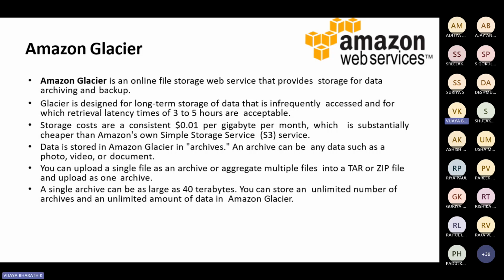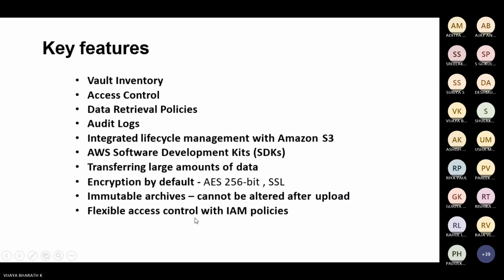Data is stored in Glacier in terms of archives. As I told you, an archive can have any data like photos, videos, and documents. You can upload multiple files as a zip. A single archive can be as large as 40 terabytes, and you can store an unlimited number of archives in Amazon Glacier.